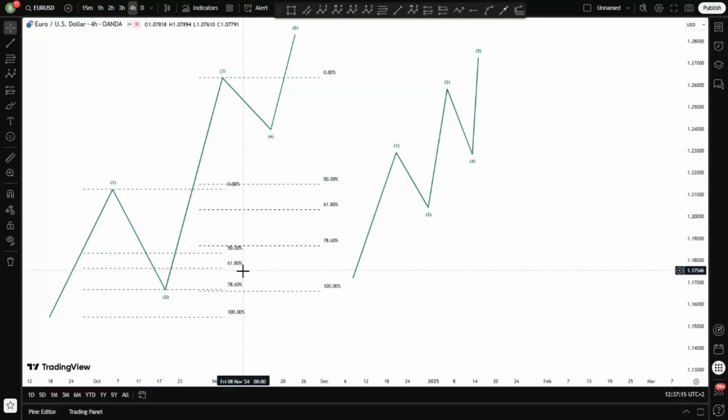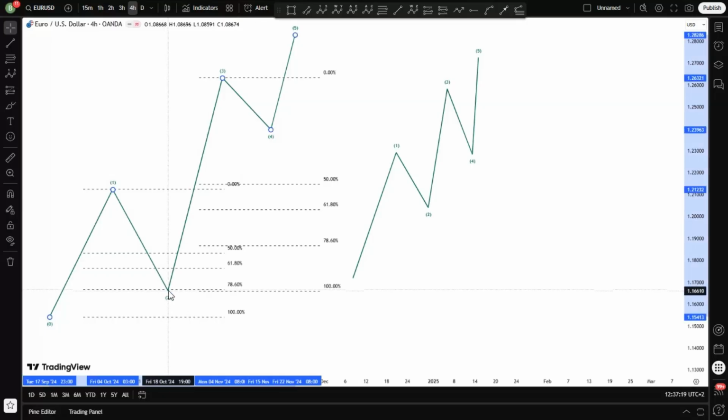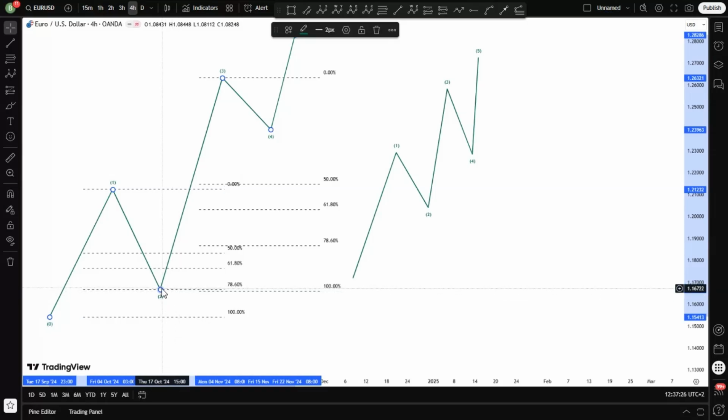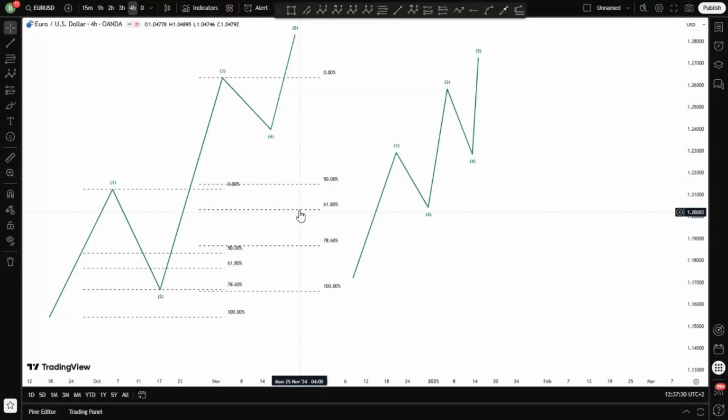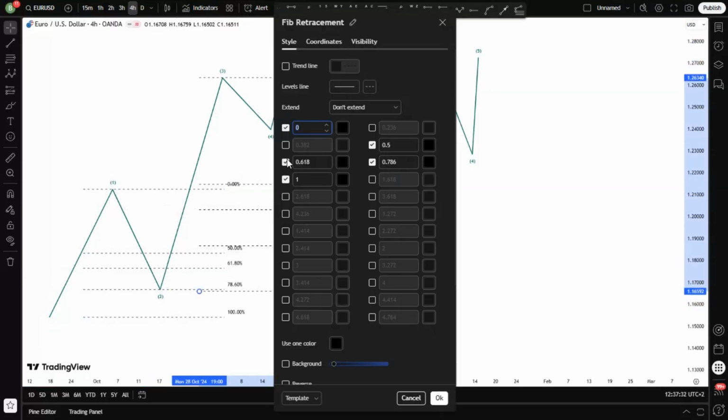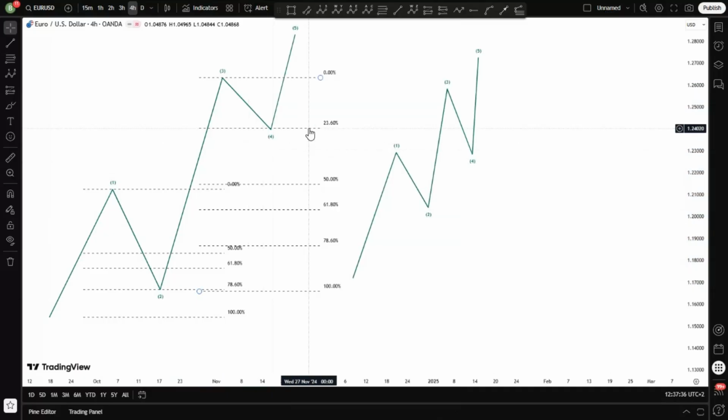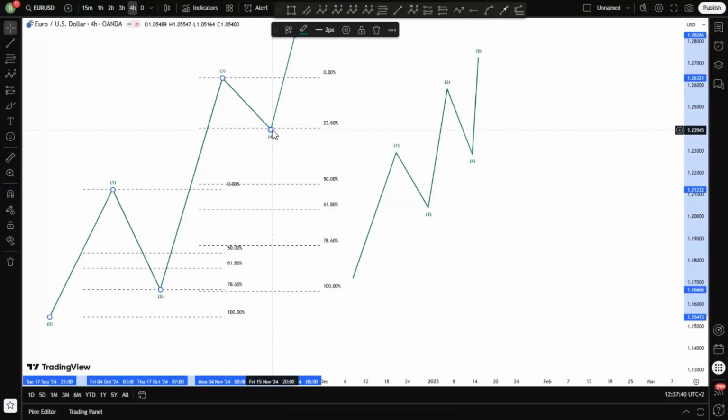So what I am trying to say is that if you measure wave 2 and find that it has respected the 78.6 level, it is most likely that you're going to find wave 4 to be the 23.6% level, to complete the 100% retracement level.